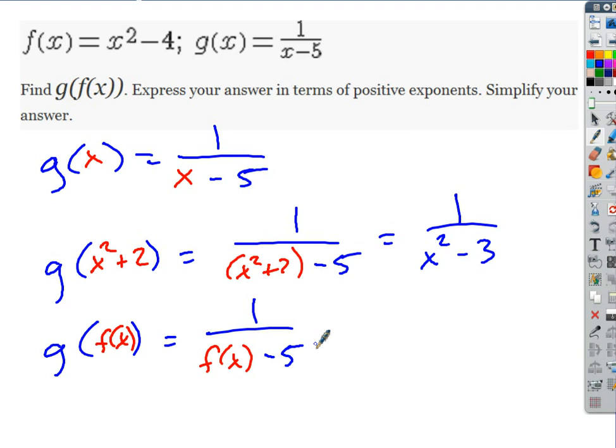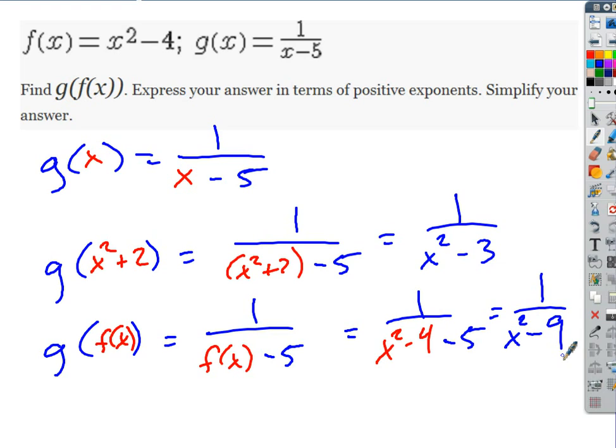And f of x, we can see, is given to us as being x squared minus 4. That's our formula for f of x. So I just get 1 over x squared minus 4 minus 5, which would be 1 over x squared minus 9. That's it. No big deal, right? That's a composition of functions.